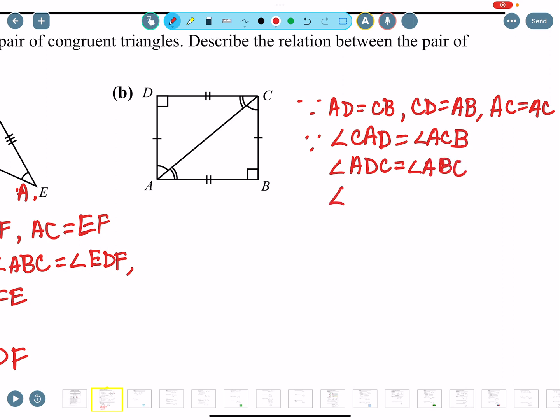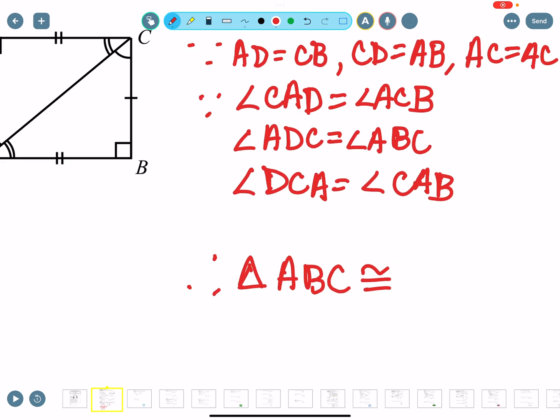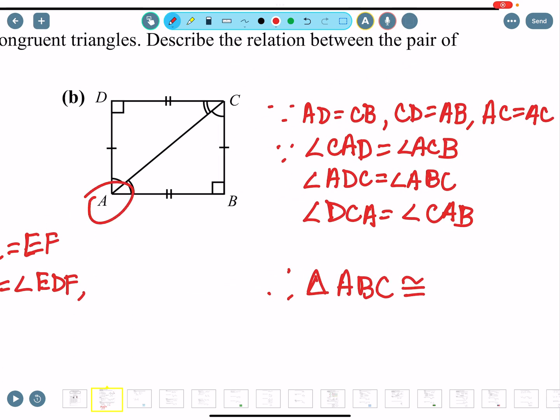Now the double line angle. DCA equals the other one, CAB. Therefore, this one is the one you have to put in order. One triangle is ABC, right? The first one you can put in any order, usually alphabetical order. So A has a double angle on angle ABC.